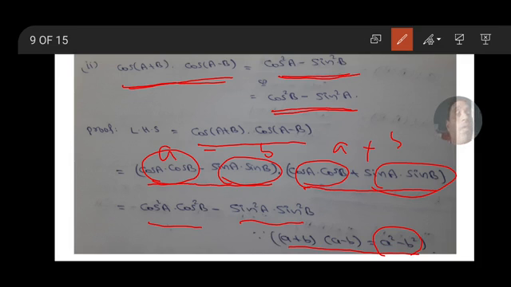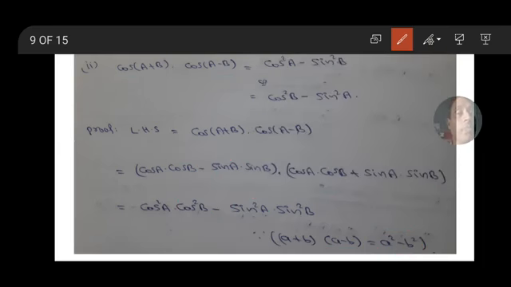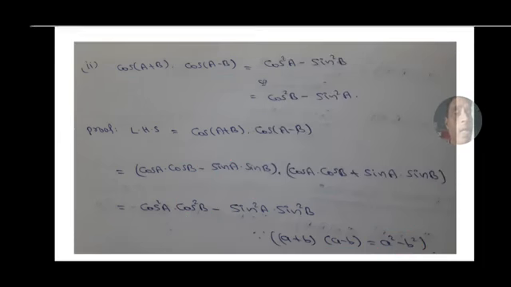So we have to convert: the first term is cos square a, so we have to write cos square b and sin square a in terms of the other. Here cos square b can be written as 1 minus sin square b, and sin square a can be written as 1 minus cos square a.